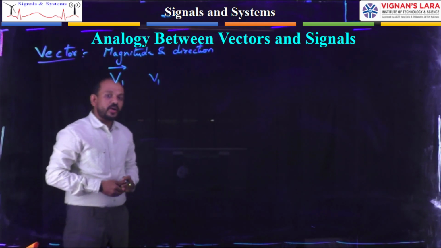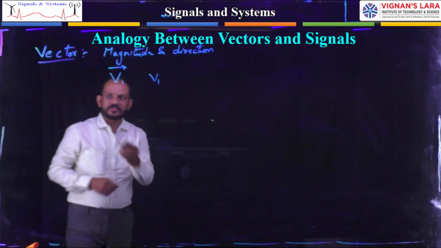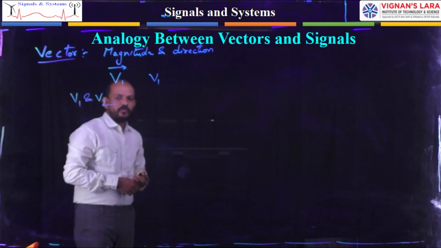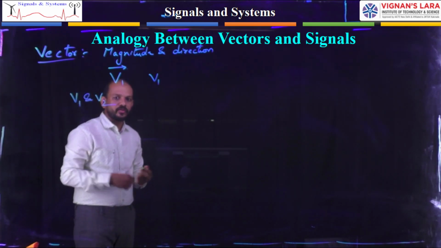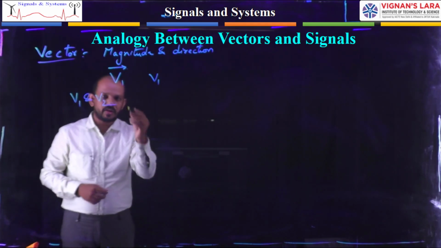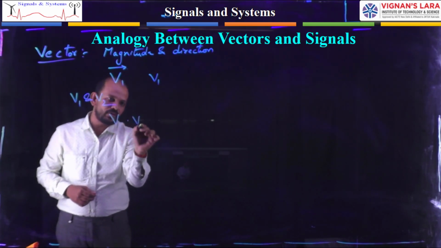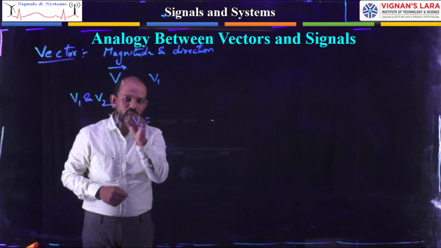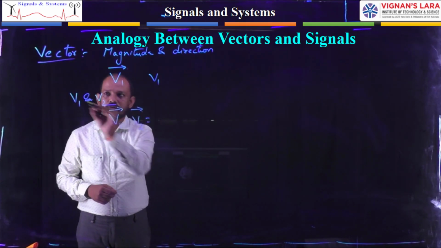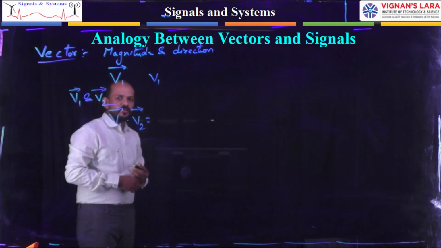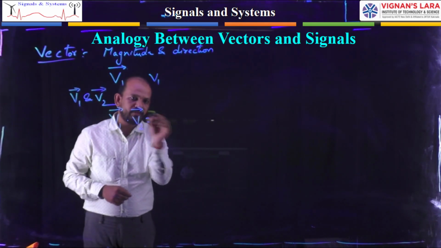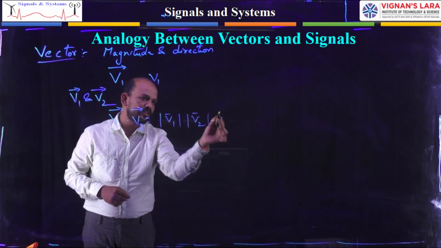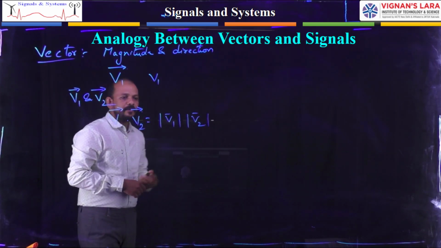Now, what is the dot product of two vectors? Let us consider two vectors, V1 and V2. I think you all already know the dot product of two vectors. The dot product of two vectors, V1 dot V2, is equal to the product of the magnitudes, that is mod V1 times mod V2, times cos of the angle between the two vectors.